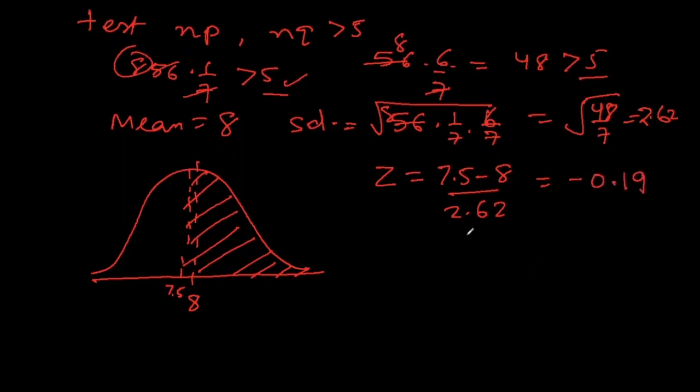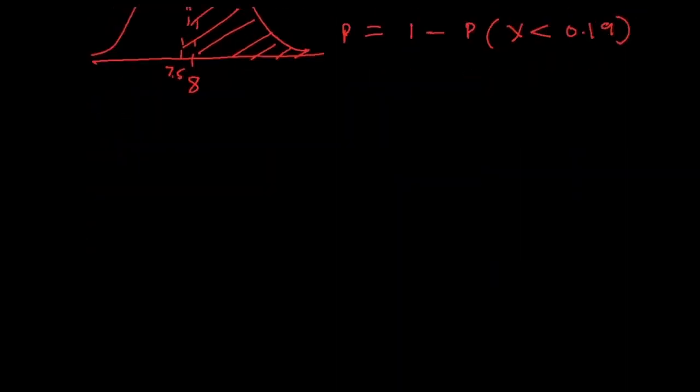So if it is negative, we learned that for negative we write probability is equal to 1 minus whatever is the probability of x less than 0.19. So let's go to 0.19 probability.